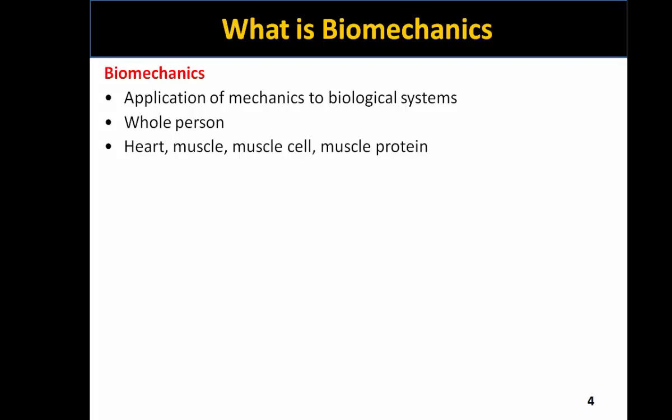Keep in mind that when we talk about biomechanics and biological systems, we could be referring to the heart, we could be referring to a single muscle cell in that muscle, or a single protein in that muscle cell. And we'll take a look at some examples where we'll identify a single muscle protein and its mechanical behavior.